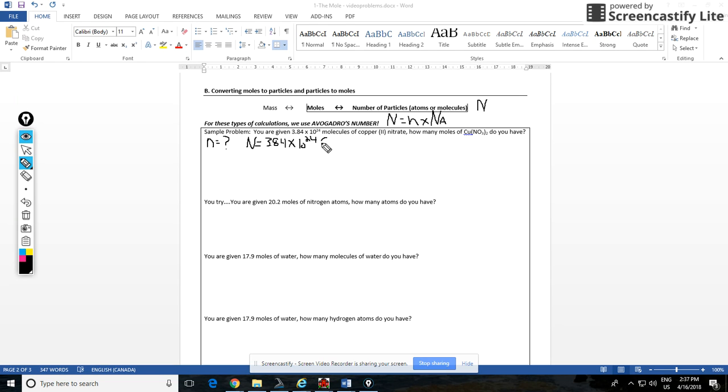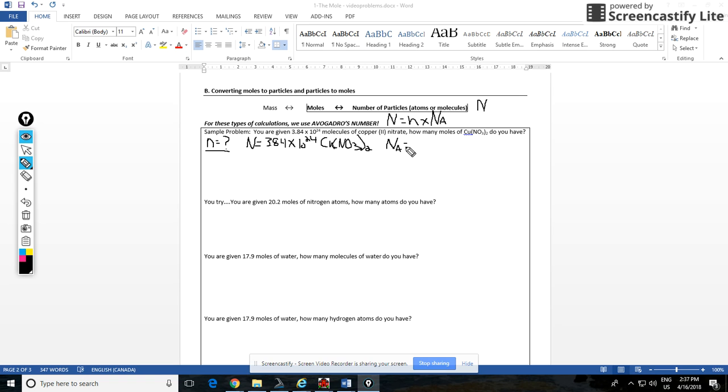I'm just going to write down Cu(NO3)2, copper 2 nitrate. How many moles do we have? So that's what we're looking for. We also have another number that we're not told in the question, but you should know by now. If you don't, go back and review it.